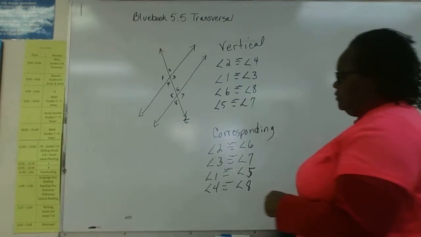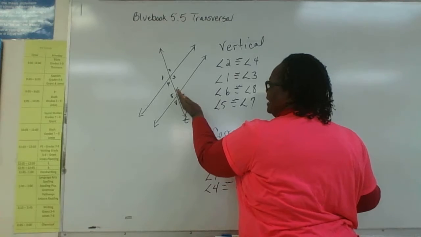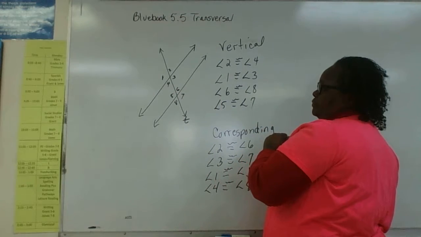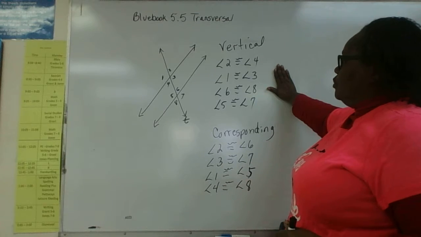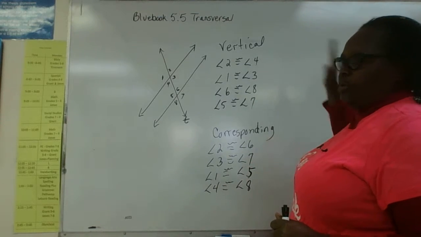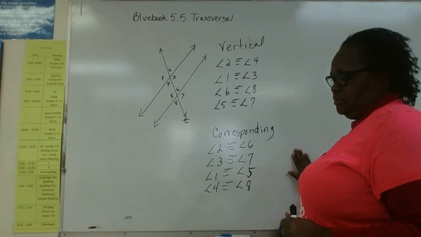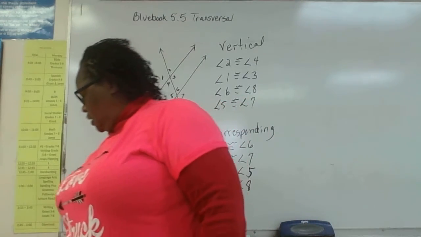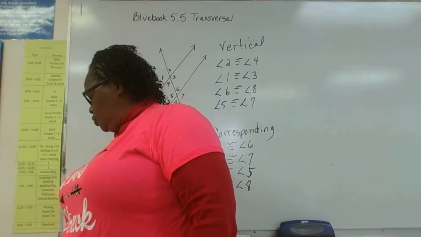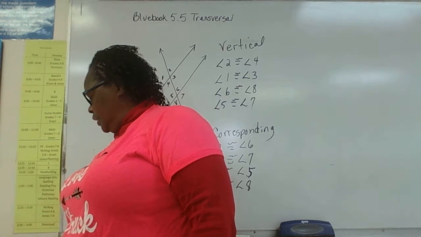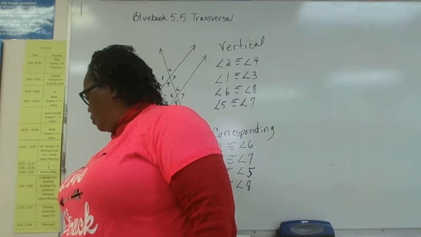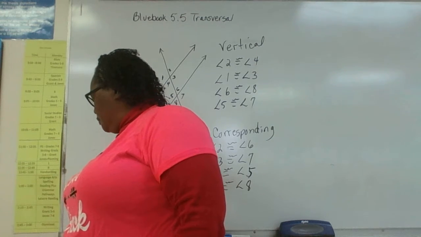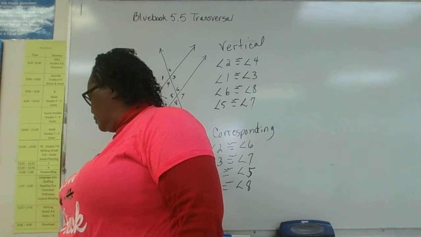All because of this transversal hitting the parallel lines at exactly the same angle. We create vertical angles. We create corresponding angles. Now, in our textbook, it talks about that on page 212. And so we move on in our textbook on page 211.